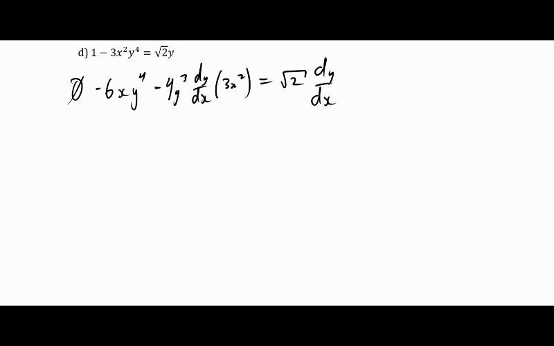All right. What are we going to do? Isolate dy by dx. So this is just like back in grade 10 where you're sort of solving by factoring, except we're not solving for 0, but we're isolating. So, negative 6x y to the 4th equals, I'm going to move the other dy by dx term over, and I'm going to simplify it a little bit.